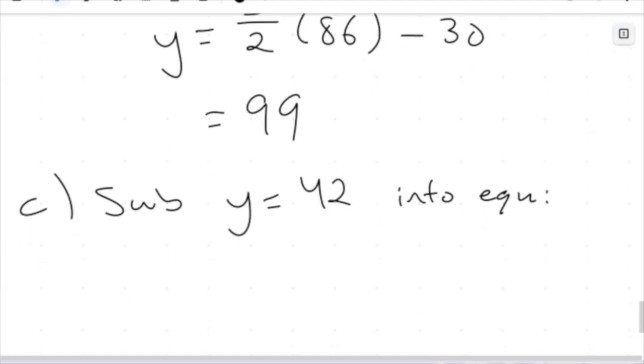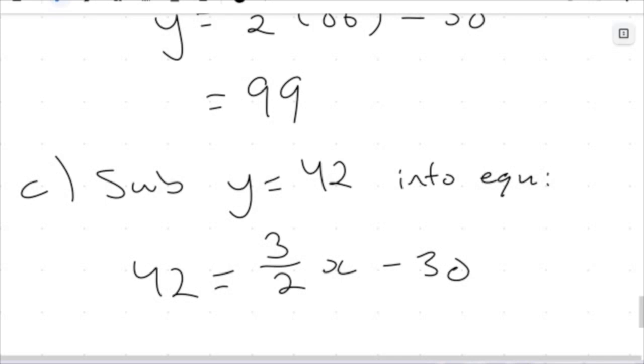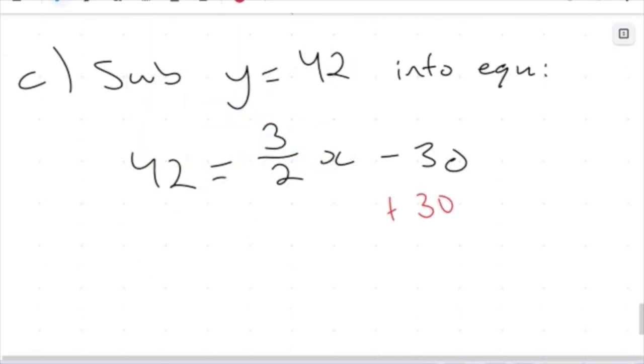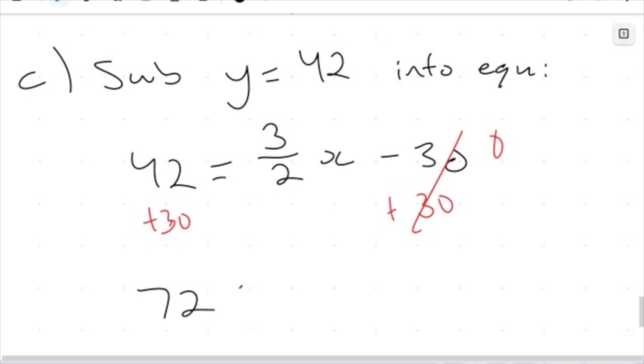Okay, so in doing that, I'm going to get that 42 equals 3 over 2x minus 30. And this just becomes an equation that we have to solve. So we're going to add 30 to both sides. So I get 72 on the left-hand side.